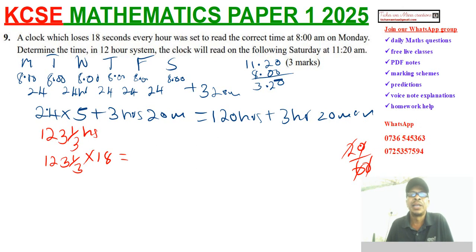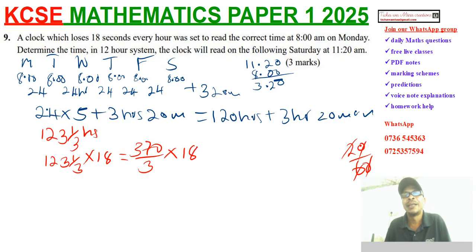You convert that fraction to an improper fraction, 370 over 3, and multiply by 18. Those are 6. When you multiply using your calculator, you'll be able to get 2220 seconds.